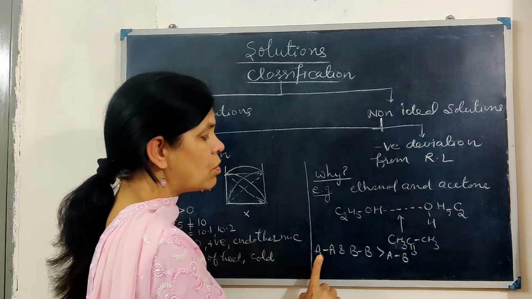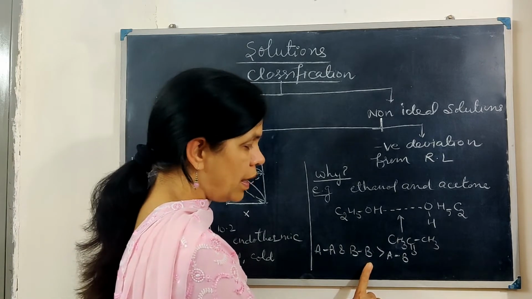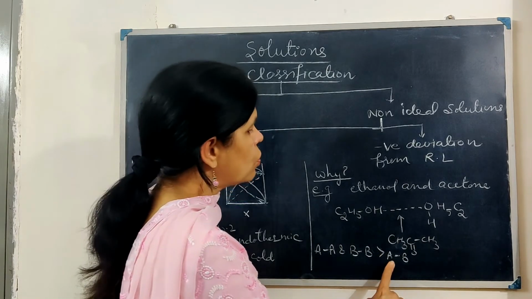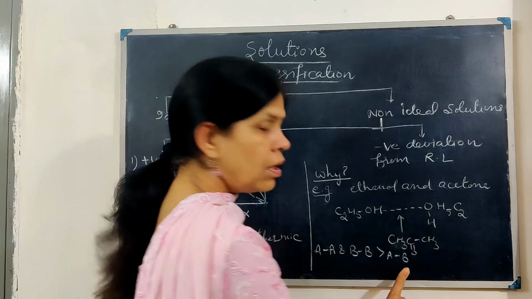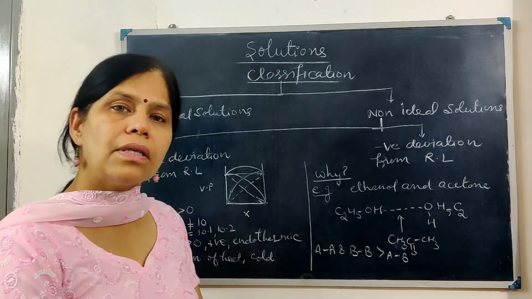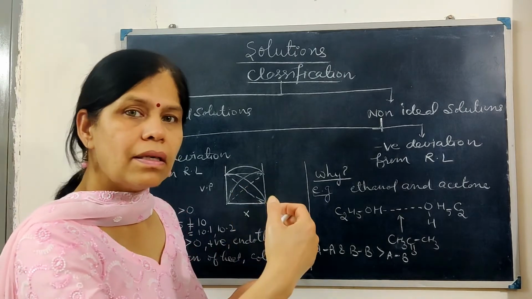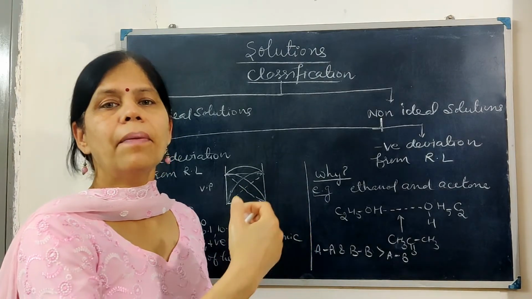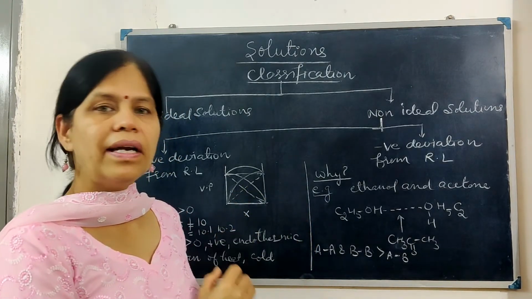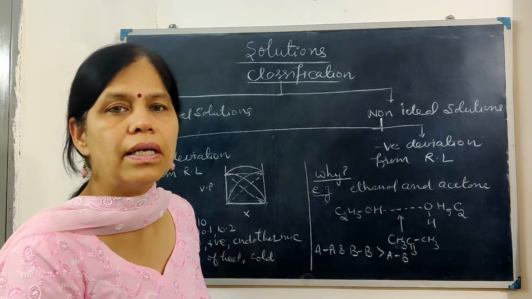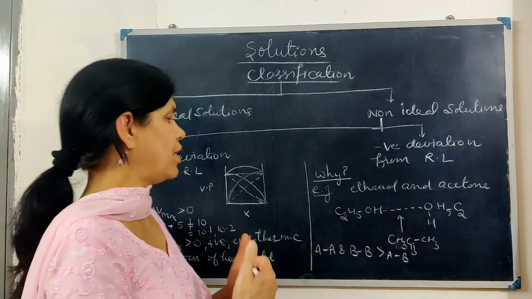So solvent-solvent and solute-solute interactions are stronger than solvent-solute interaction. Solvent-solute interactions are weaker. When they are weaker, they can evaporate faster. Their escaping tendency increases, and when it increases, vapor pressure increases at the same mole fraction.